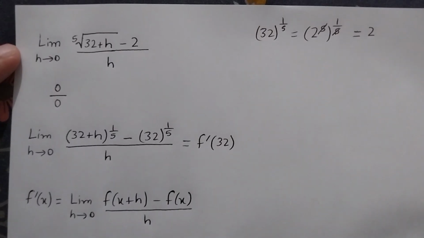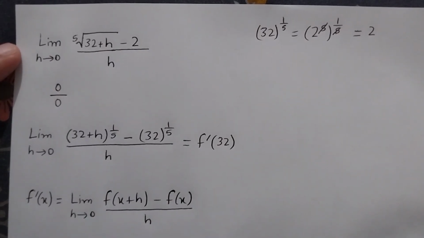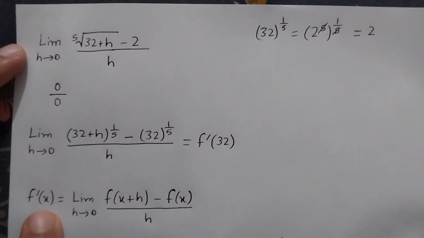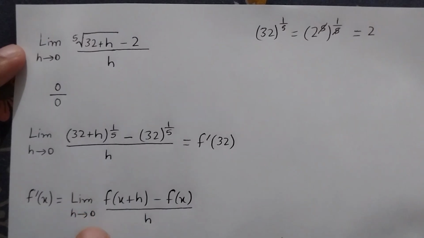If you look closely, this limit resembles the definition of derivative. If I write the definition of derivative here, it is simply f dash of x is equal to limit h approaches 0 of f of x plus h minus f of x over h.